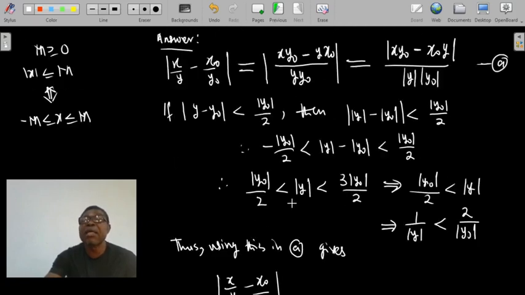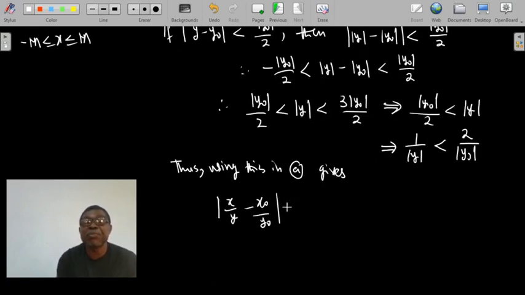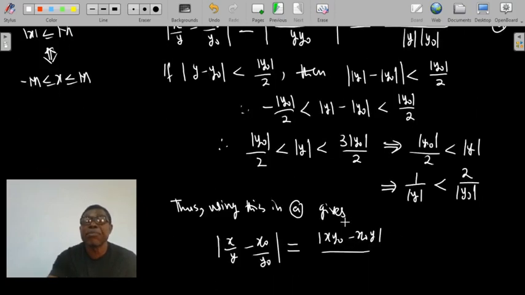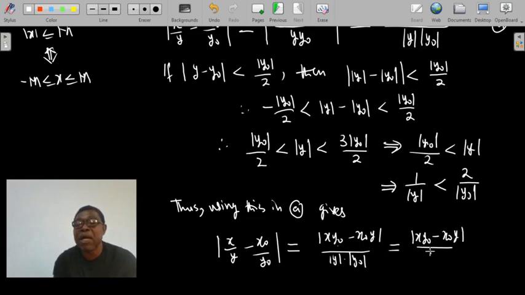What it will give us is that this is equal to absolute value of x y naught minus x naught y all over absolute value of y, absolute value of y naught. This is equal to absolute value of x y naught minus x naught y all over absolute value of y naught, then times 1 over absolute value of y.